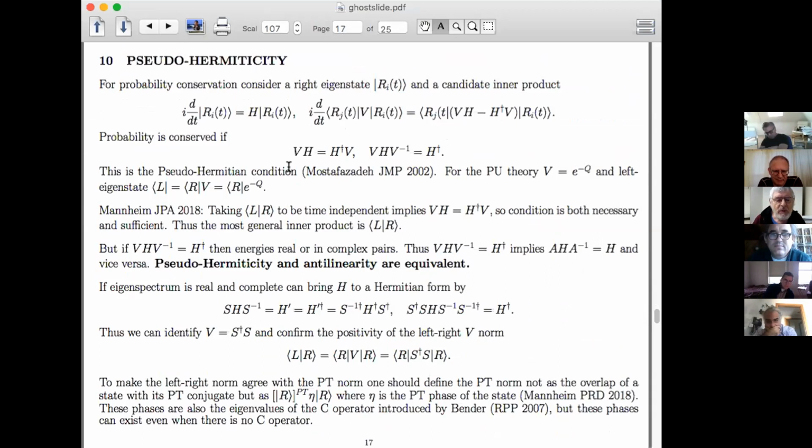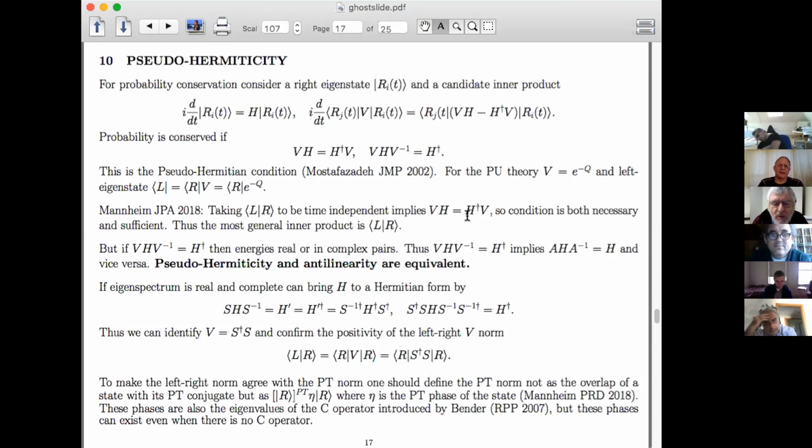This is the pseudo-Hermitian condition that was first suggested by Ali Mostafazadeh in 2002. For the PU theory, we know what V is. It's e to the minus q. And the left eigenvector was R times V, and so the norm is the overlap of the left eigenvector with the right eigenvector.